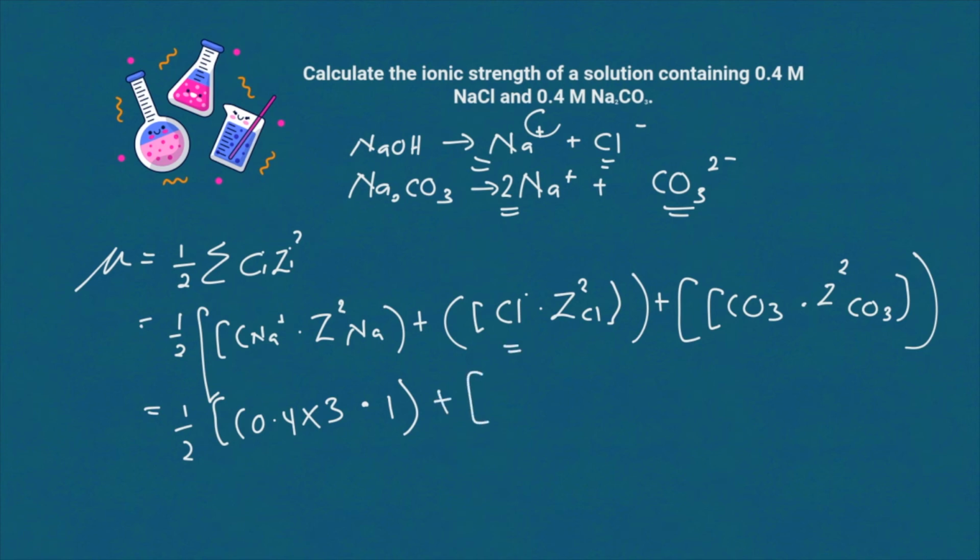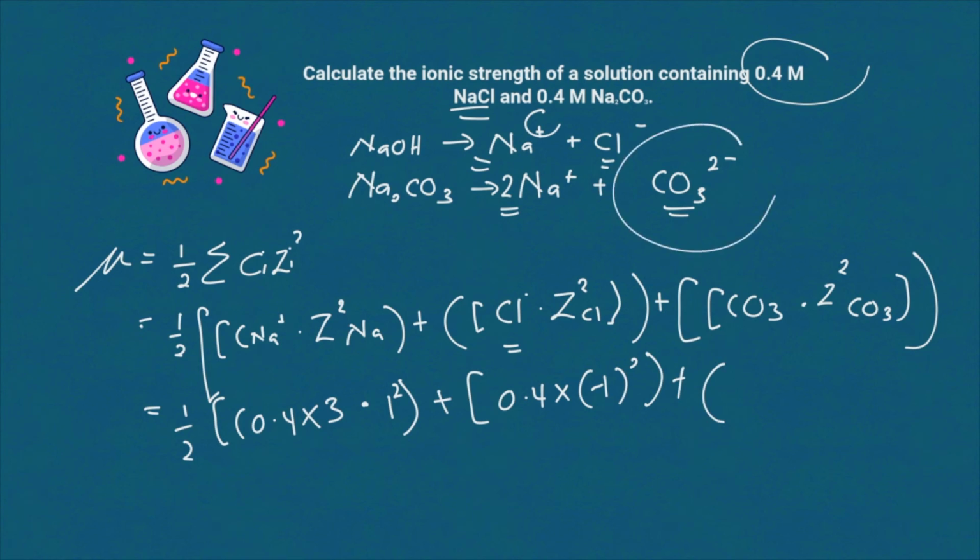Okay, chlorine, how many do you have? Only 1, and this is for the NaCl, so the concentration is 0.4, times negative 1 squared. Plus now we have CO3, the concentration is the same 0.4 as well, and you only have 1, times the charge, which is negative 2, squared.